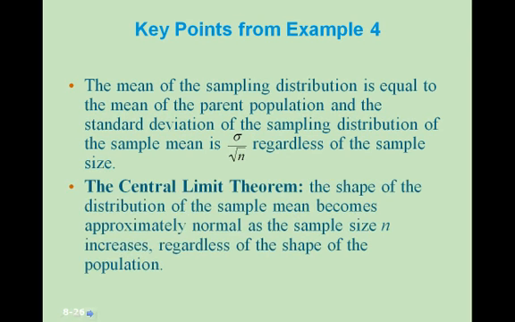Also, we have the central limit theorem. The shape of the distribution of the sample mean becomes approximately normal as the sample size n increases, regardless of the shape of the population.